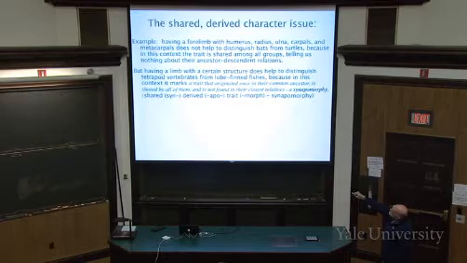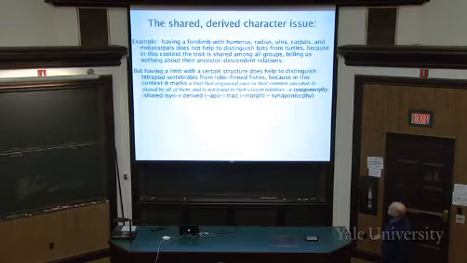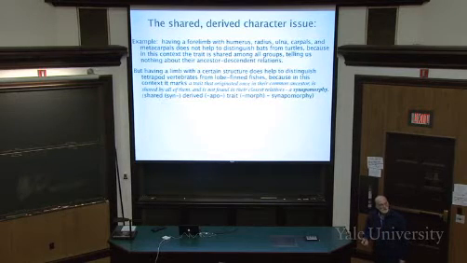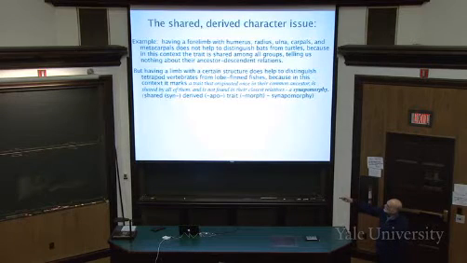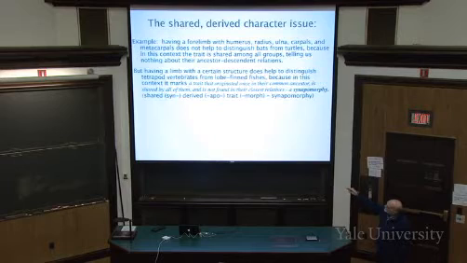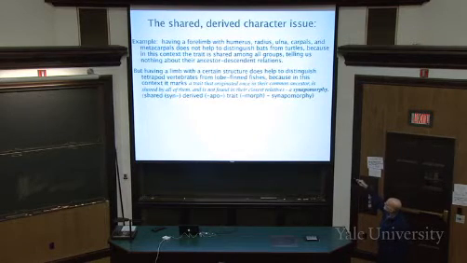In this context, it's marking a trait that originated once in their common ancestor. It's shared by all of them. It's not found in their closest relatives. The jargon is derived from the Greek. This thing is called a synapomorphy. Syn means shared, apo means derived, and morph means trait. So a shared derived trait is a synapomorphy.